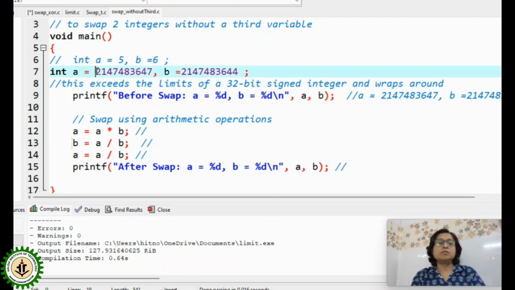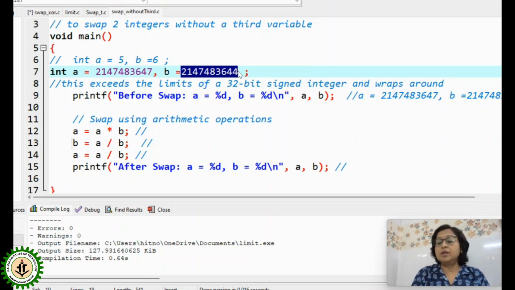All of us understand that after multiplying, the product will never lie within the range. It will be wrapped around and some other values will be represented instead.